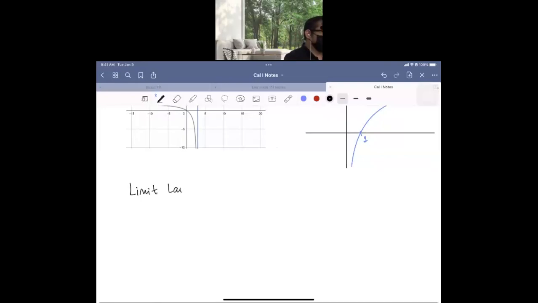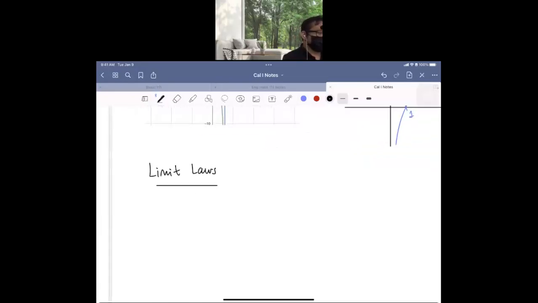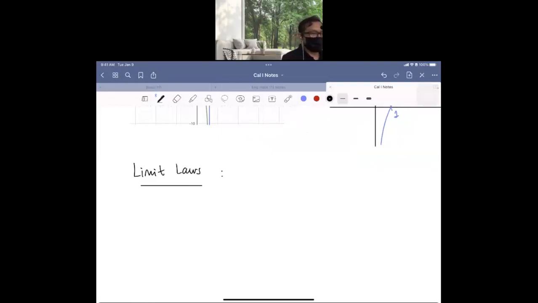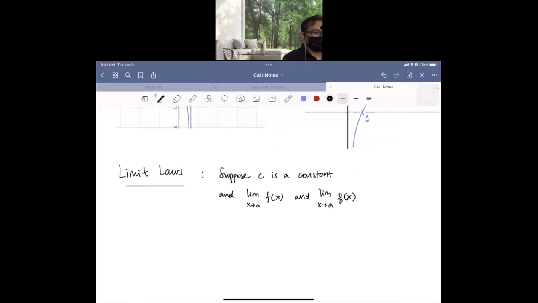So the next part is the limit laws. I will just briefly show you several computations. Suppose c is a constant and the limit exists.